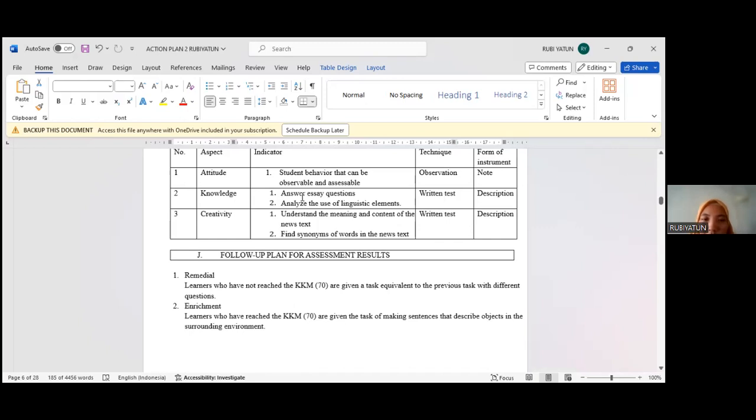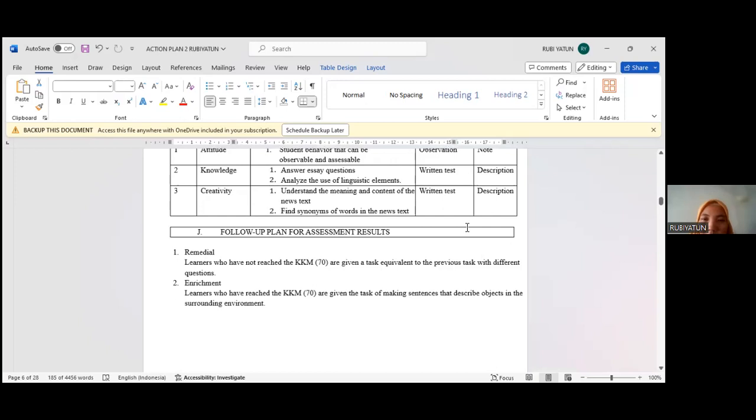And then the knowledge is answering essay questions, analyzing the use of linguistic elements, written test, description, 10 questions. And then the creativity: understanding the meaning and content of the news text, finding synonyms of words in the news item. And this one is a written text or description.